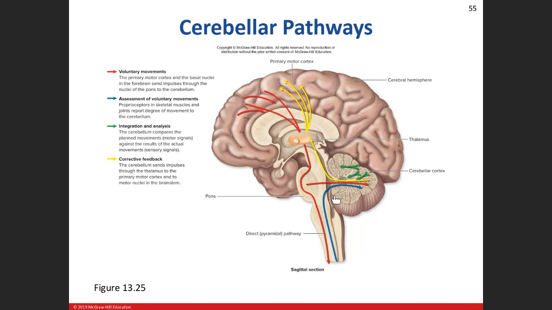And as I start to get into that pattern where I get the flow or the feeling, proprioceptors from the joints and the muscles in my upper extremities are going to be sending information up to the cerebellum. It's going to get into the cerebellum, and then it's going to process and analyze that information.